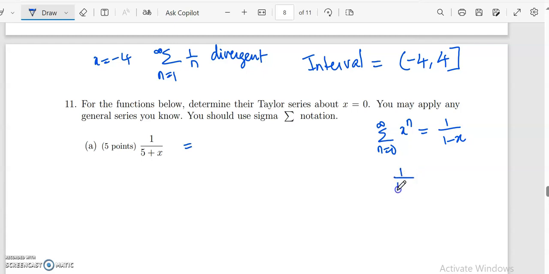Okay, 1 by 1 plus x will be, if we replace x by minus x, 1 by 1 plus x will be summation n equal to 0 to infinity minus x whole power n.